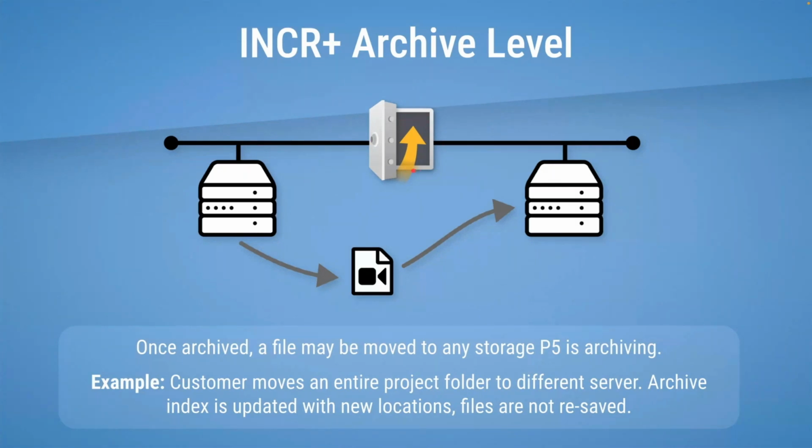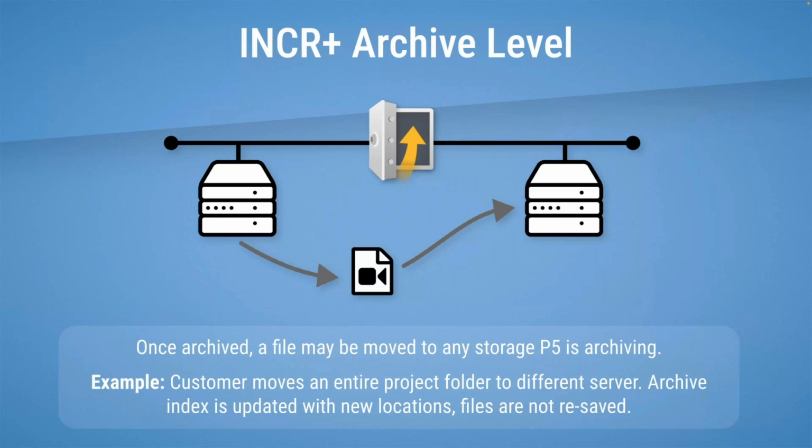It just has a new location that will be stored in our archive index, but we don't need to re-archive the file. Once archived, a file may be moved to any storage that P5 is archiving. Example: customer moves an entire project folder to a different server. The archive index is updated with the new file locations. The files are not resaved.